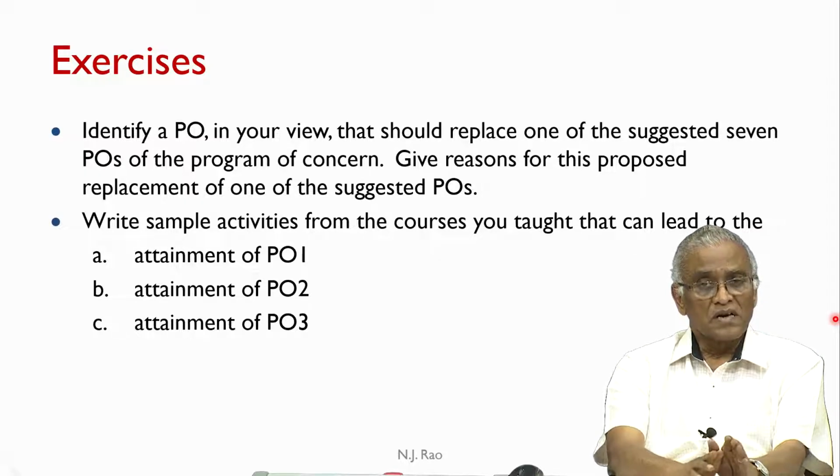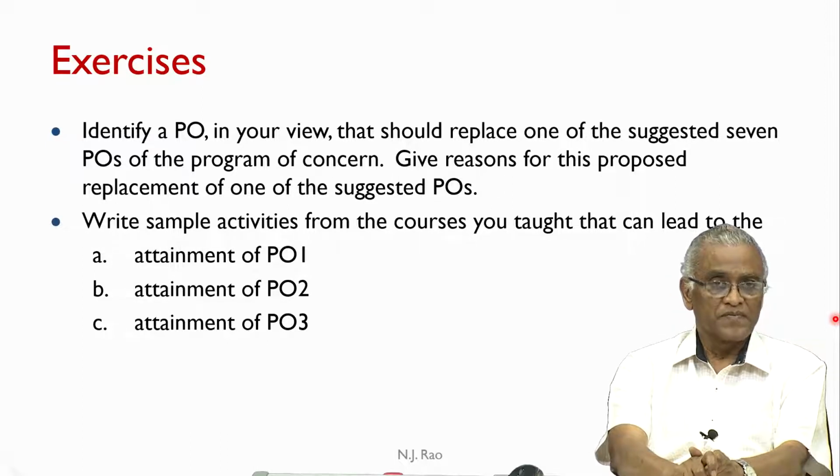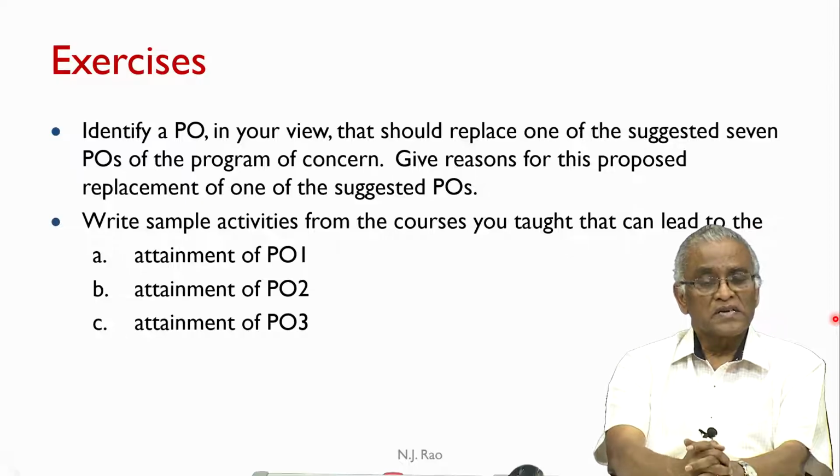If you think that a particular PO does not represent what you have in mind, you identify that, reword it and then write your reasons for this proposed replacement, and write sample activities from the course that you taught that can lead to the attainment of PO1, PO2 and PO3.